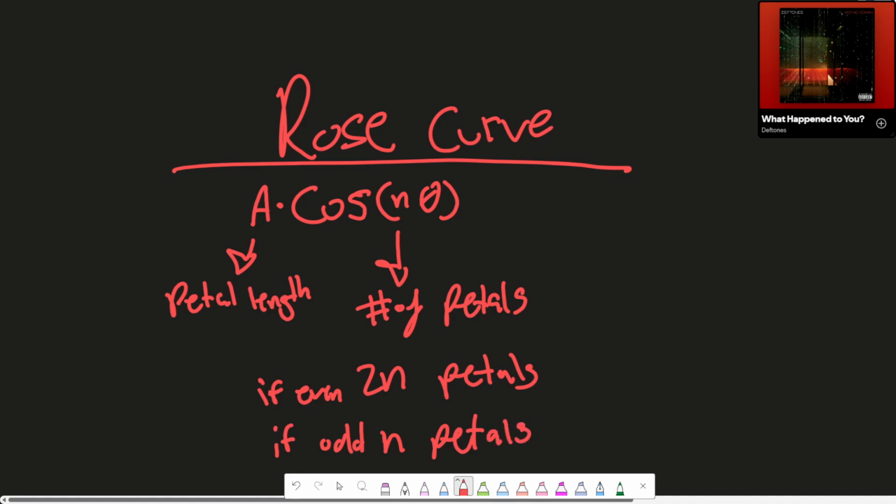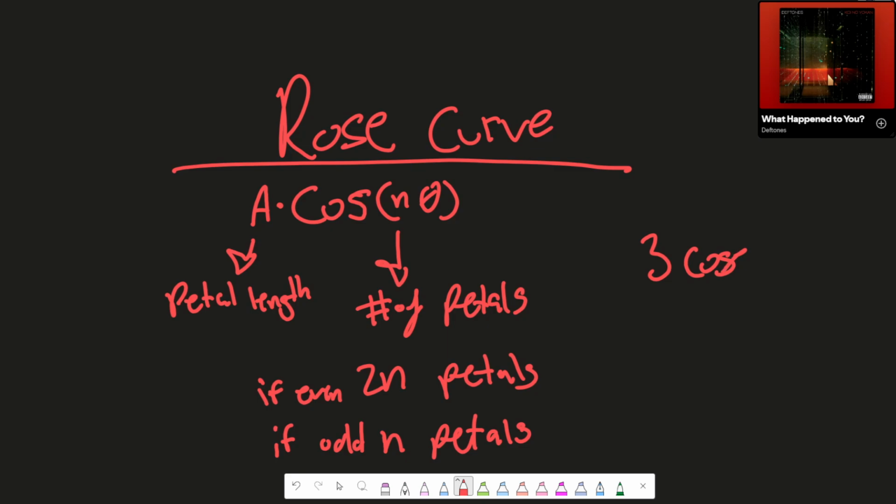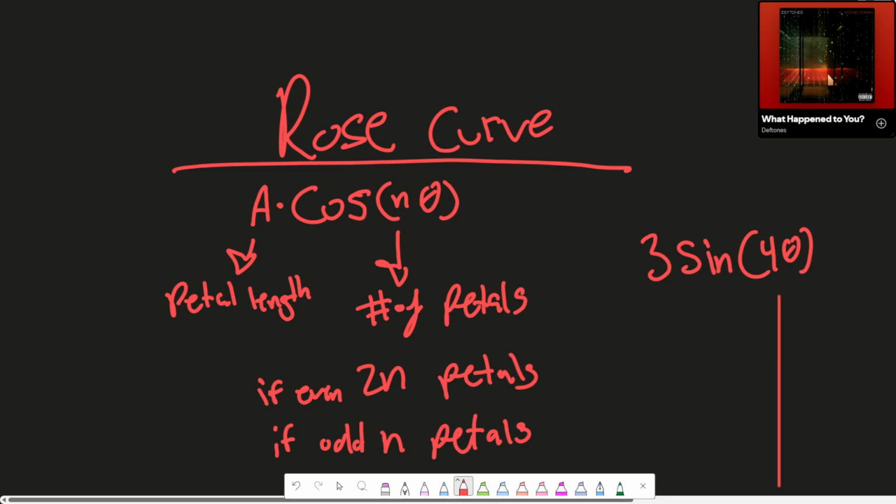An example of an equation I could say is 3 sine 4 theta. Here, if I were to graph, we know that sine never starts at a max and it starts at 0.